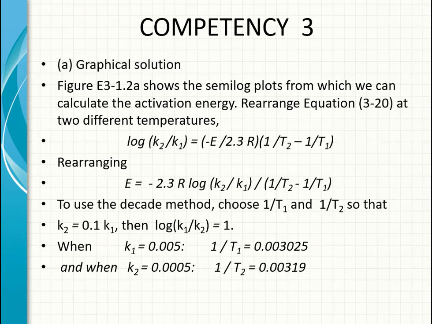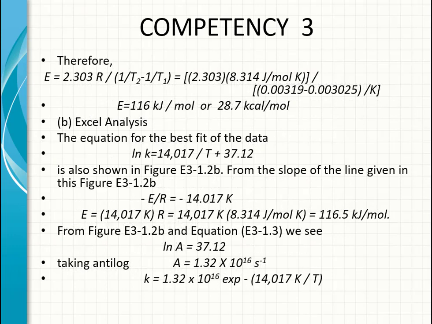And those values we get from the figures on the previous page. So if we do the calculations, we will come to the value of the activation energy equal to 160 kilojoules or 28.7 kilocalories per mole.